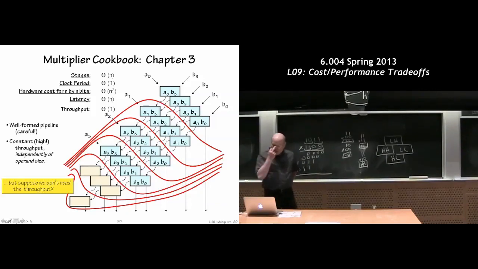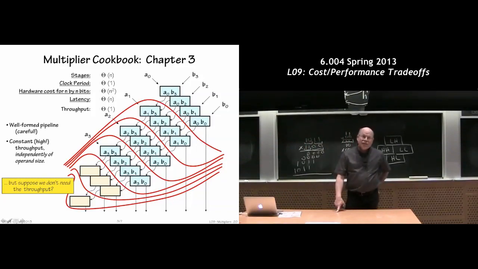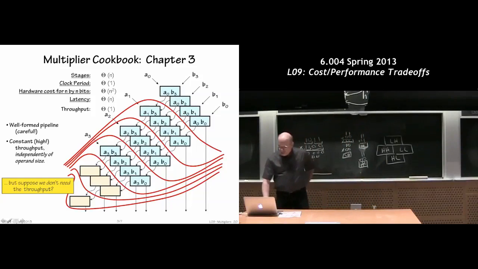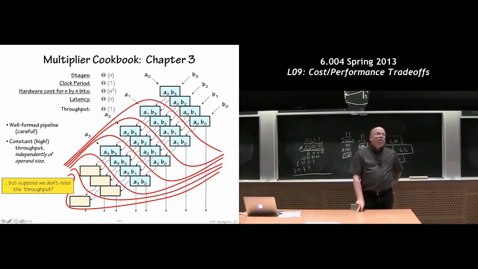Suppose we said, I'm much more interested in size than I am in throughput. So if you think about our big problem here, is there a way I can think about this pipeline multiplier and say, well, I sort of like it, but I only have a multiplication to do once in a while.